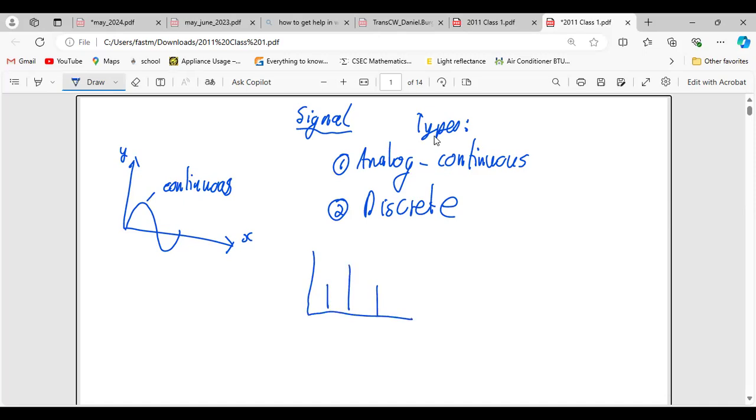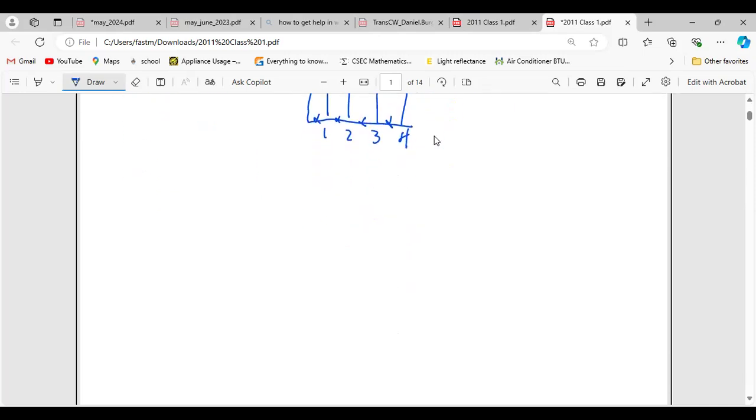So something like this: this might be 1, 2, 3, and 4, and any values in between, it is 0. So there's an example of a discrete signal. There are different ways to analyze these two types of signals. Any questions on that? Okay, good. So discrete, continuous, right? You should know that from a little statistics.